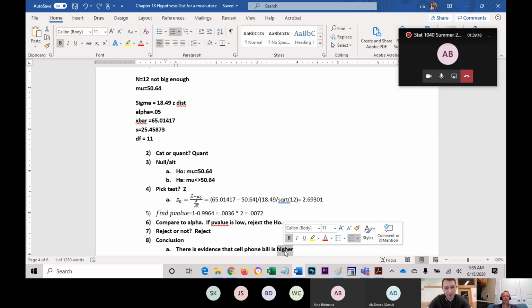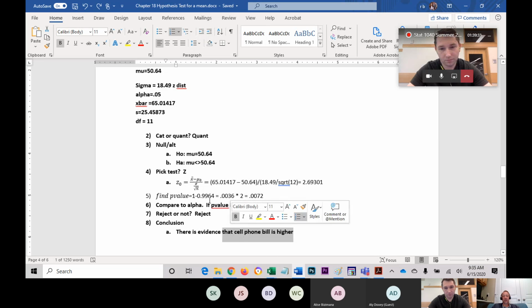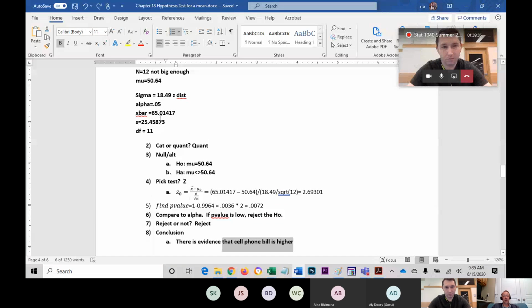So we know that the average cell phone bill is higher because X bar is greater than mu. X bar is $65, and we said it was only $50. So we know that the cell phone bill is higher. It's gone up by almost $14, $15, whatever, 14 and a half. Okay, so based on our X bar, we know that cell phone bills have gone up.